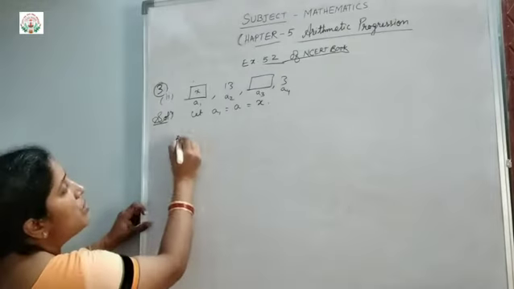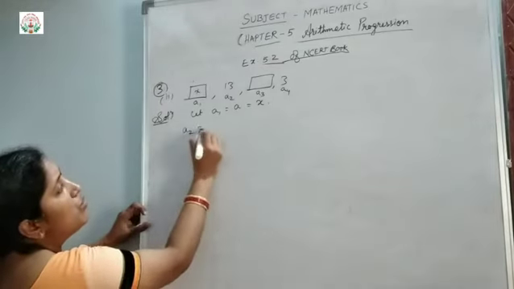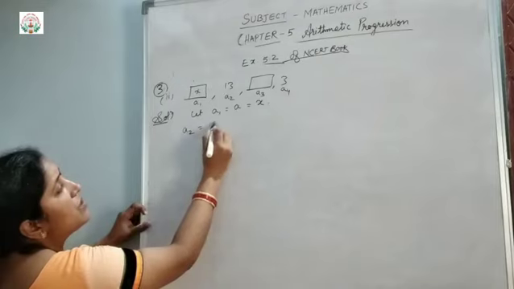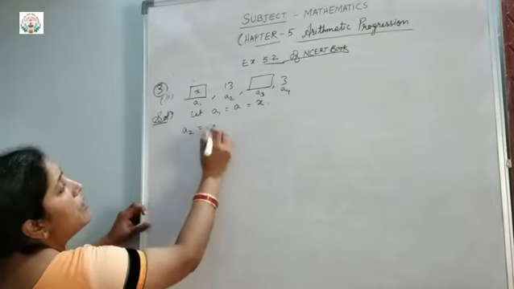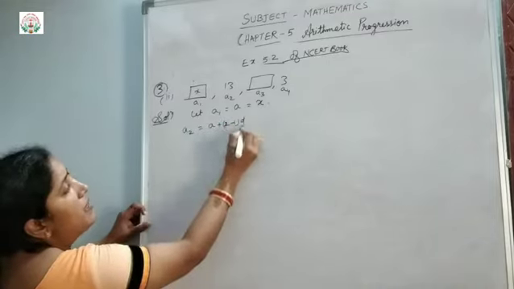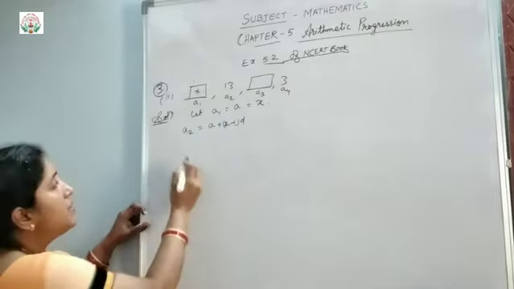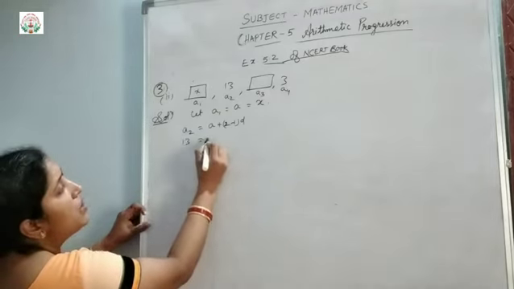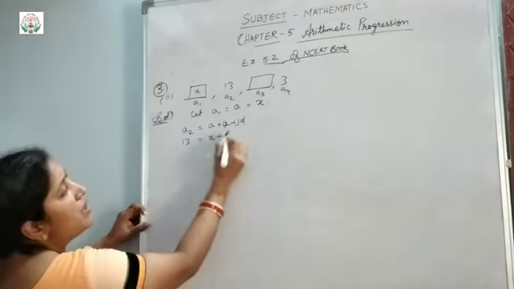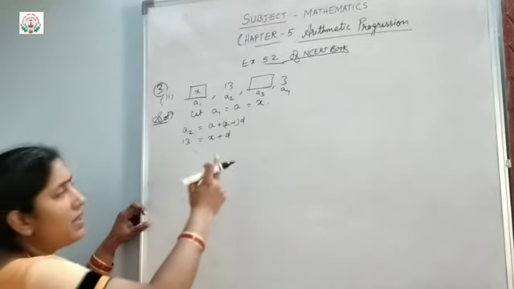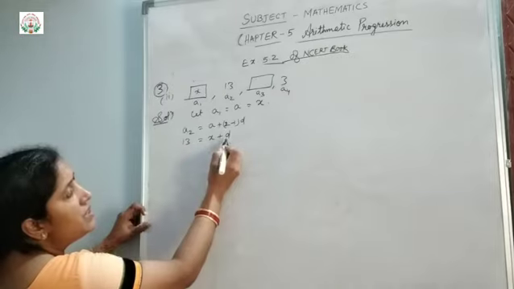Now we will see A2 equals A plus 2 minus 1 into D, according to the nth term formula. A2 value is given as 13, so 13 equals X plus D, because 2 minus 1 is 1.